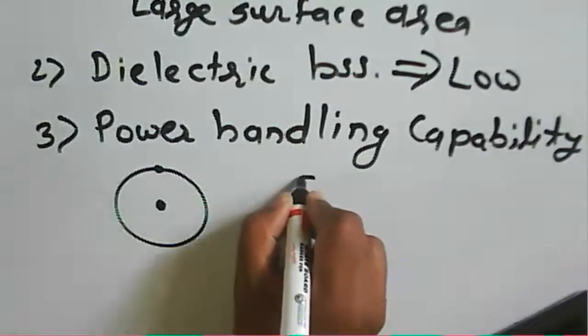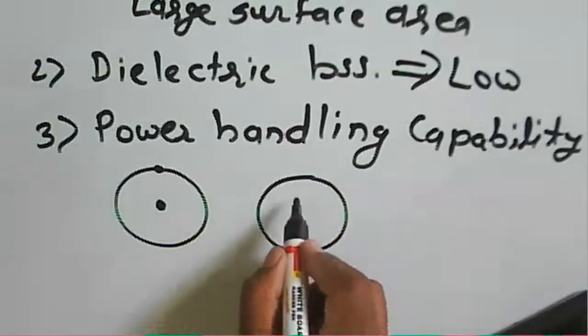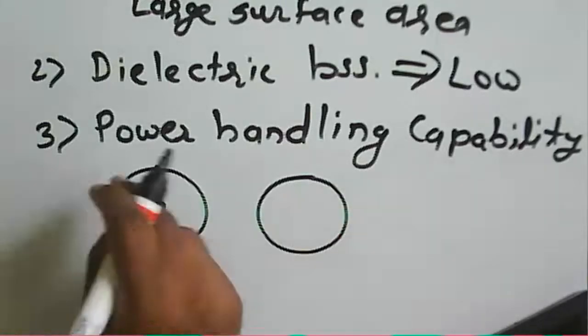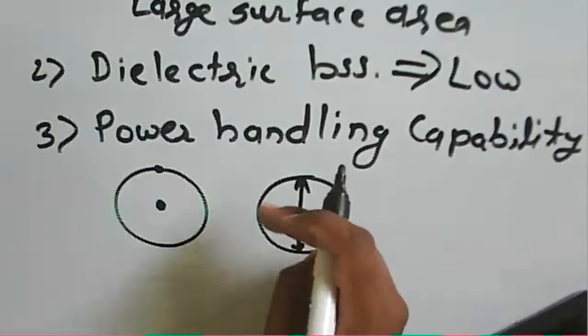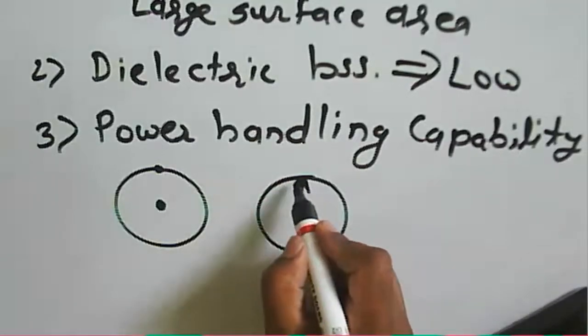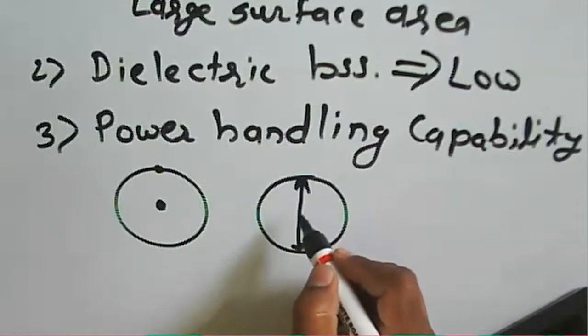If you consider the rectangular waveguide or a circular waveguide, I have just considered the circular waveguide now, the distance between the conductors, the internal wall, is large.